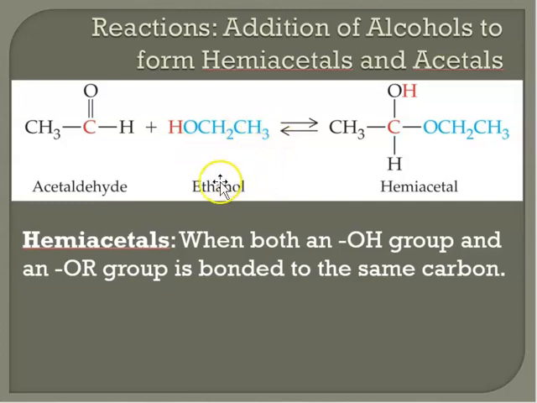So what can happen is that we can have what's called a hemiacetal or acetal functional group form. A hemiacetal is when both a hydroxyl group and an OR group are bonded to the same carbon. So we have this carbon, O, and then R group, and then carbon, OH group.